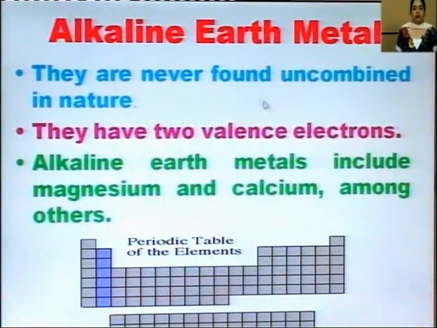They are never found uncombined in nature. They have two valence electrons. Alkaline earth metals include magnesium and calcium among others.